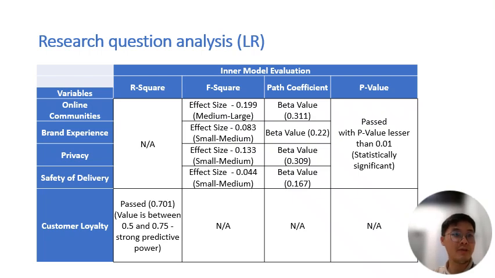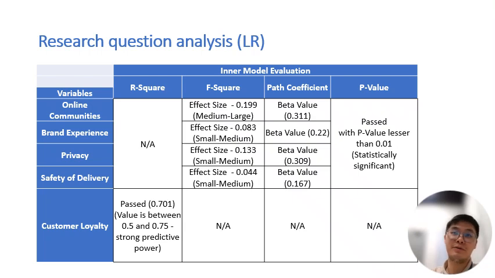Of course, number 2 is privacy. And even though safety of delivery has the smallest effect size, don't worry, it's proven when it comes to p-value that it has passed the significance test. So it's statistically significant, so it's good.